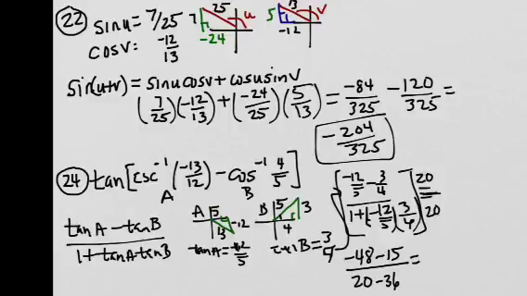So combine your like terms. Just combine your numbers. And we get, for number 24, negative 63 over negative 16, but then the negatives cancel, and you have 63 over 16.